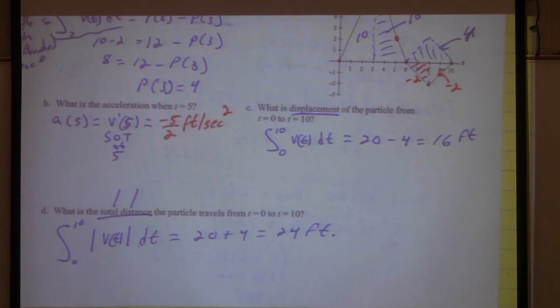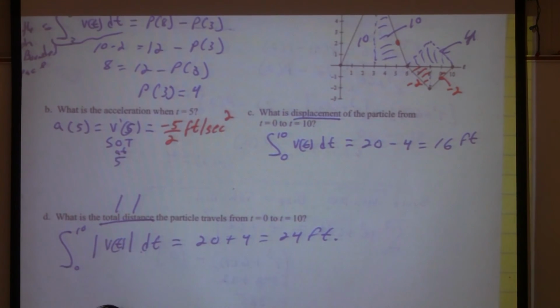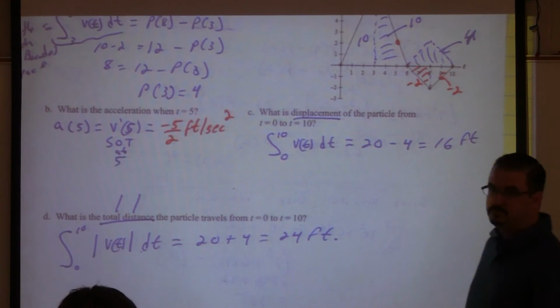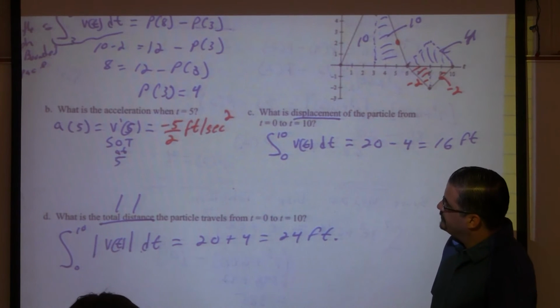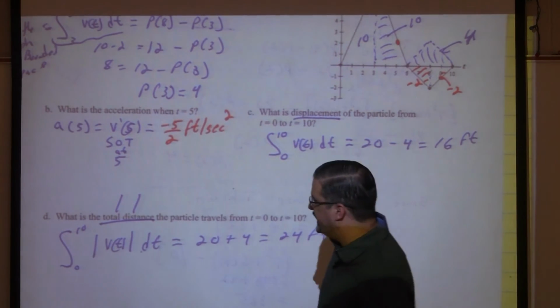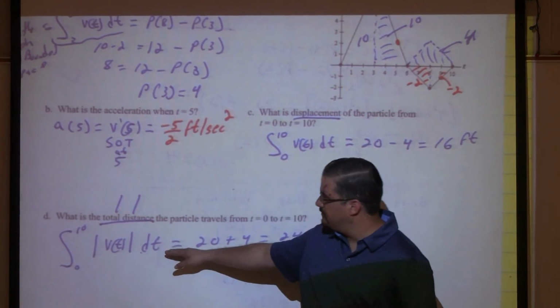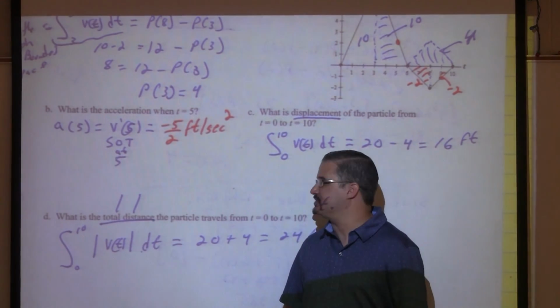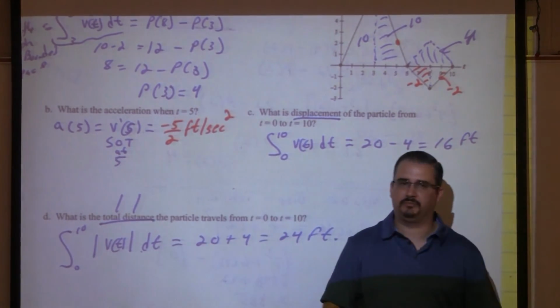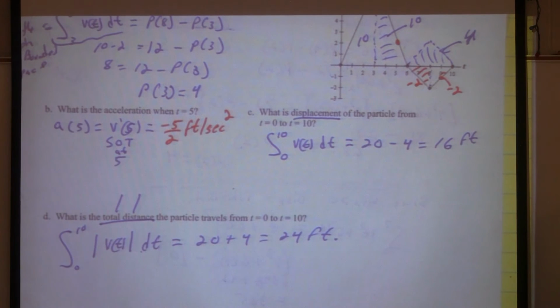Do we have to rewrite the v of t as an absolute value on the test, even though we know what it is? Yeah, they want to see the setup. Even if it's the calculator section, they want to see the setup, because they might give you partial credit for that, and then another credit for the actual answer.